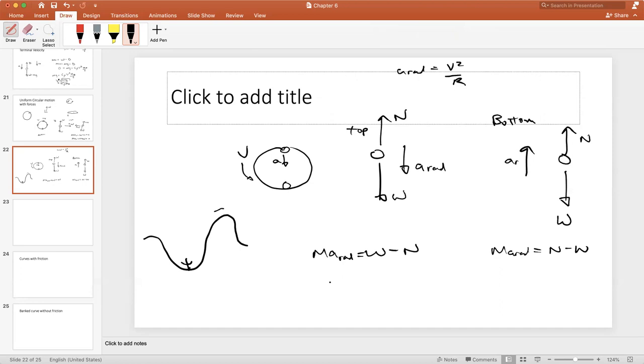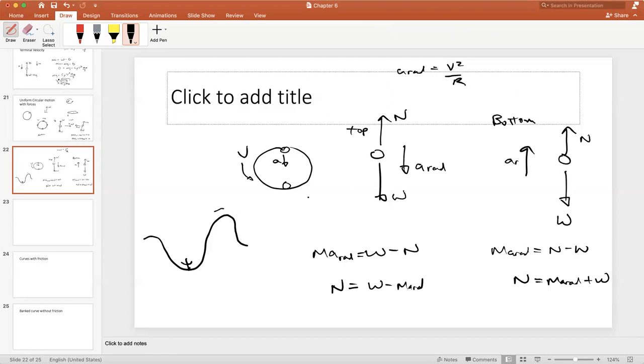The reason why is your weight is MA-rad plus the normal force when you're at the top. Sorry, I did that wrong. The normal force acting on you is your weight minus MA-rad at the top. The normal force at the bottom is MA-rad plus your weight.